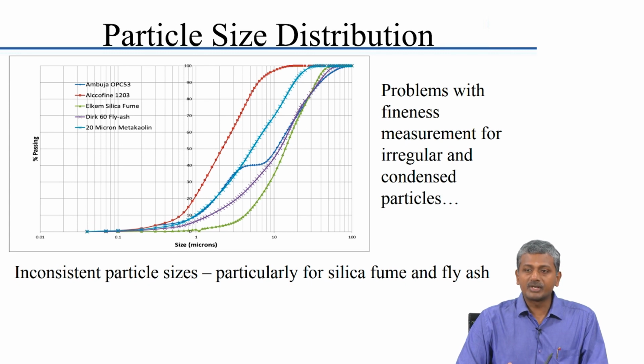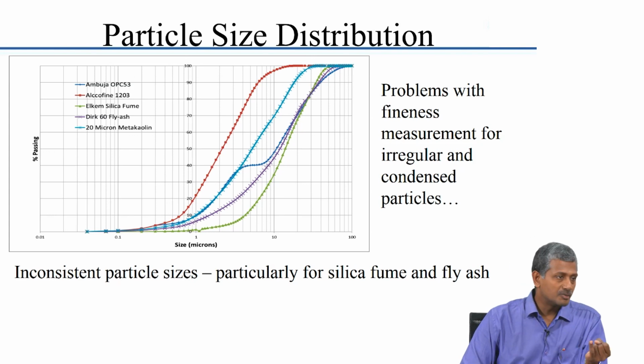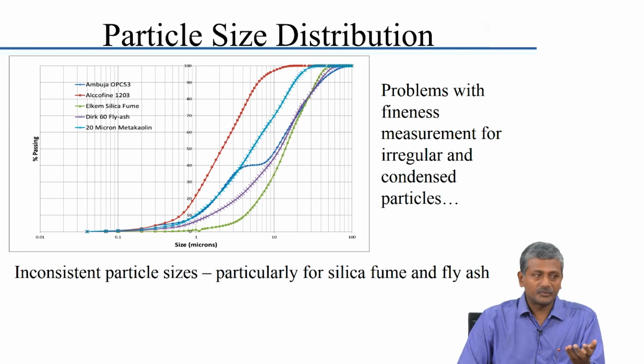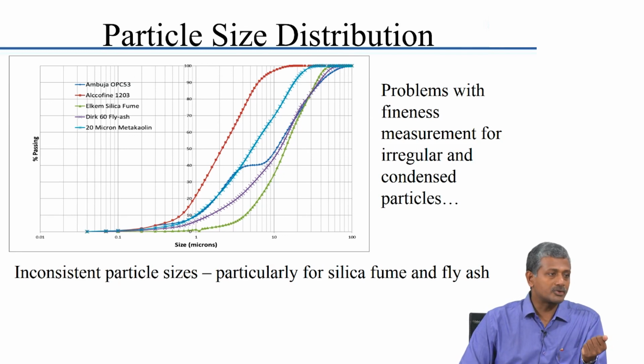So, using suitable methodologies to determine the particle size distribution is very important. Quite often when we use a new material, we try to develop a sense of what the particle sizes are based on either the fineness measurements like Blaine's air permeability, or sometimes we do a sieving test, the amount that is sieving through a 45 micron sieve, that is usually taken as an estimate of the fineness of this material.